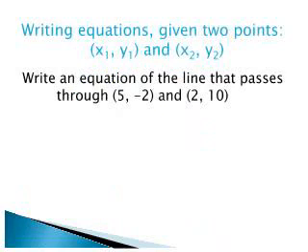Okay, but what happens if what we're given is just 2 points? Well, again, you can write it in either form, point-slope form or slope-intercept form, but both of those things need a slope. So we need to remember how to find the slope.